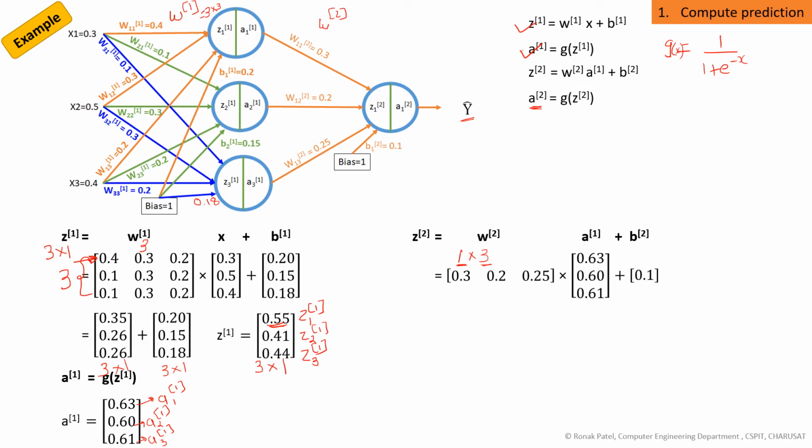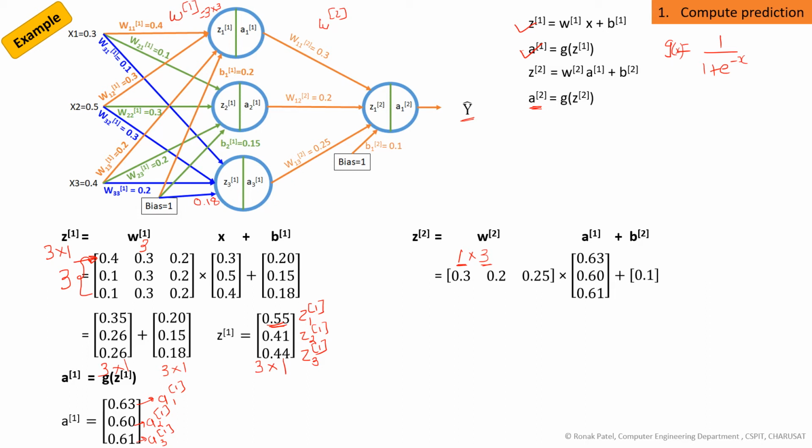So ultimately your Z12 is the summation of A11 into W112, A21 into W122 and A31 into W132. If you add these three values, plus your bias, that will give you Z12. The same thing we can perform using matrix multiplication.